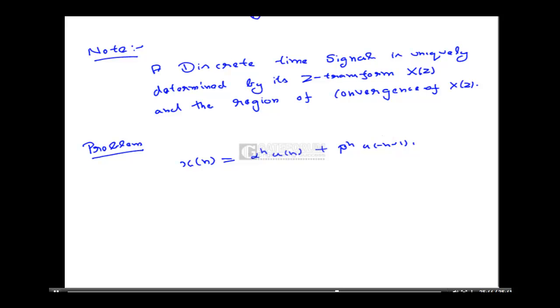Now two cases arise: one is if alpha is greater than beta, and the second is if alpha is less than beta. We will see both the cases and we will see in which case the Z transform X(z) will exist, and in which case X(z) will not exist.